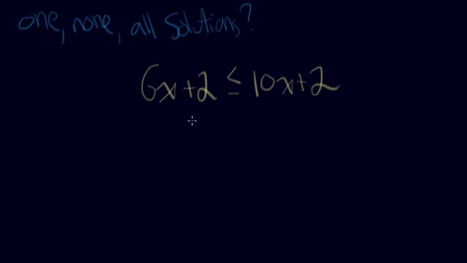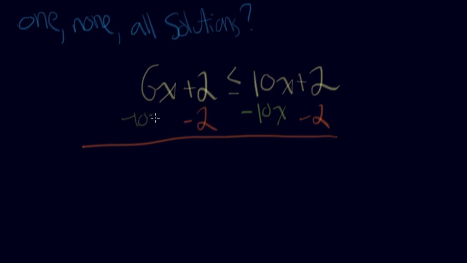Let's take a look. I'm going to subtract 2 from both sides. And you know what? I'm going to do 2 steps at once. It's going to be crazy. And I'm going to subtract 10x from both sides. Awesome. And then what happens here? I get negative 4x is going to be less than or equal to 0.